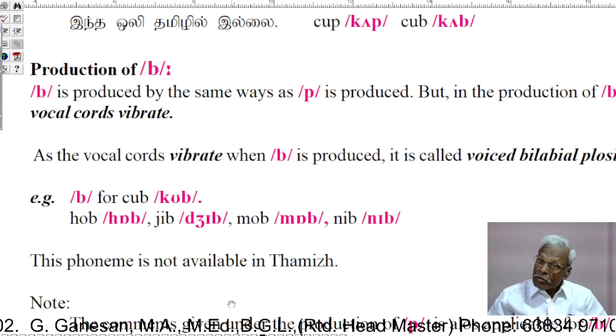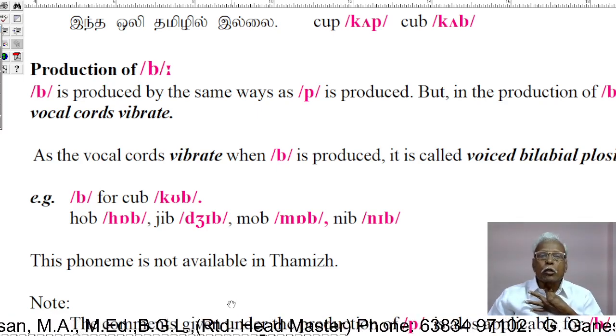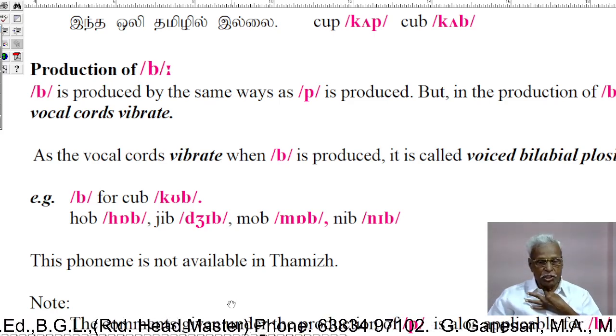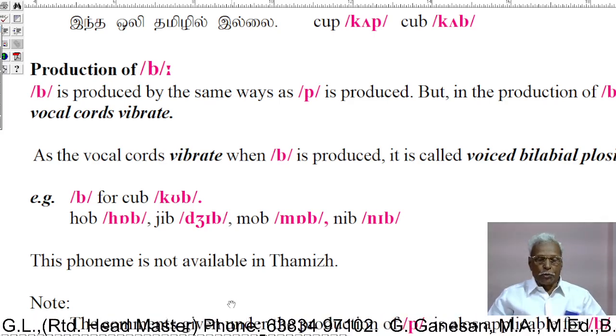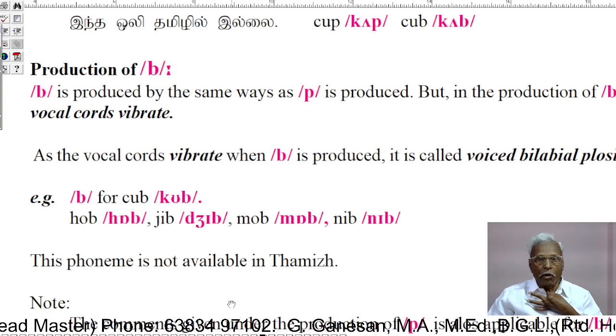But what is the difference? When /p/ is produced, the vocal cords do not vibrate. But when /b/ is produced, the vocal cords vibrate.